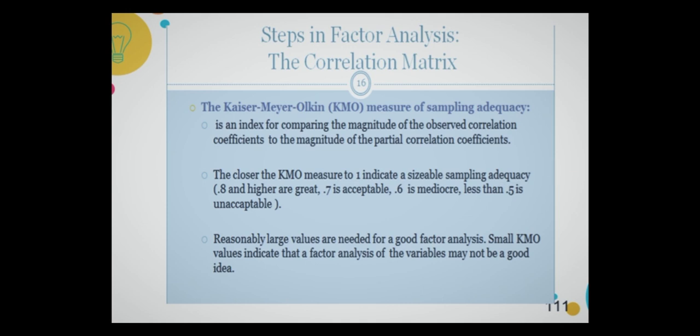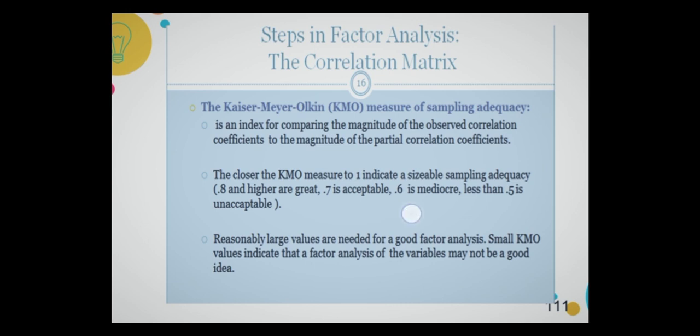The closer the KMO measure to 1, it indicates a sizable sampling adequacy. 0.8 and higher are great, 0.7 is acceptable, 0.6 is mediocre, 0.6 above lah maksudnya, less than 0.5 is unacceptable.